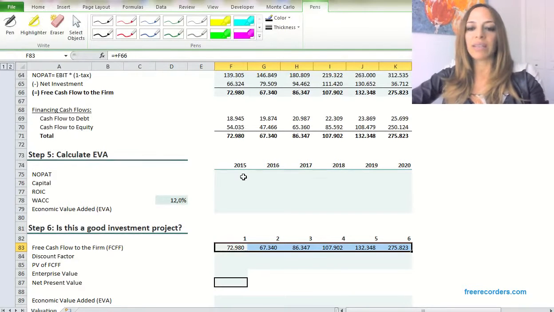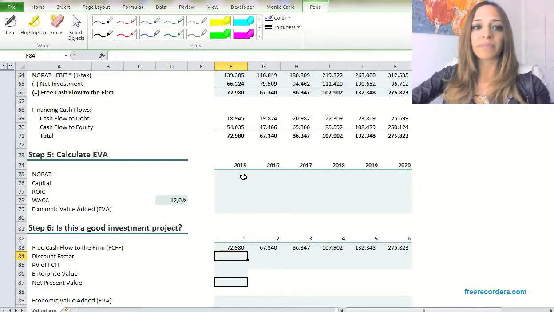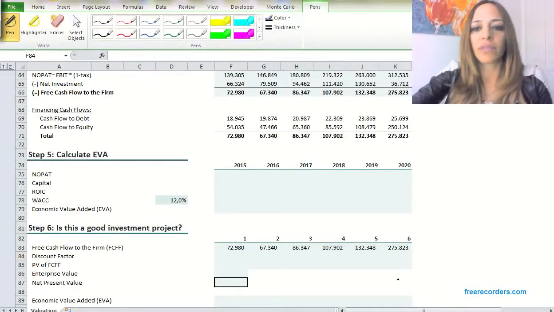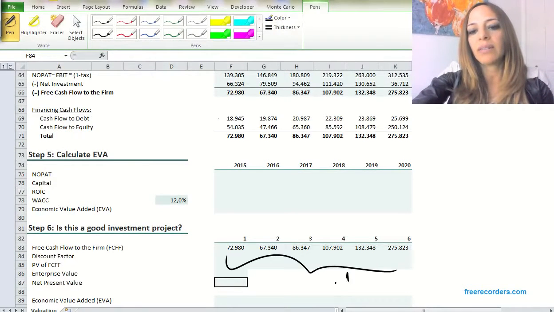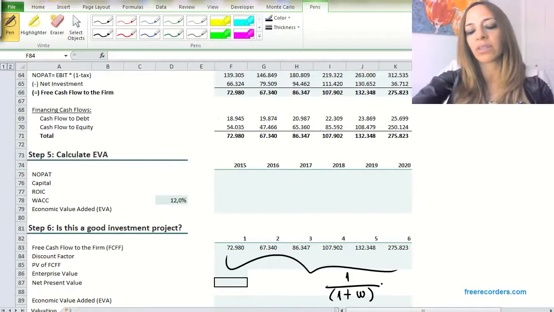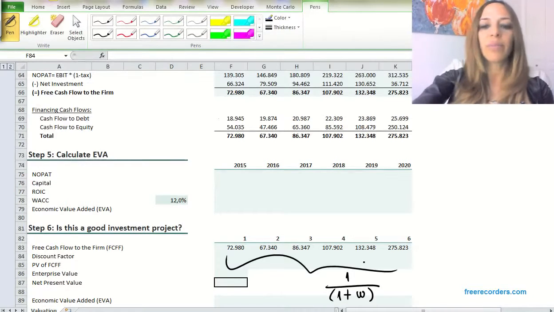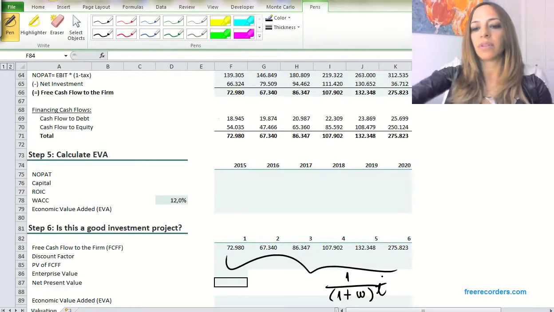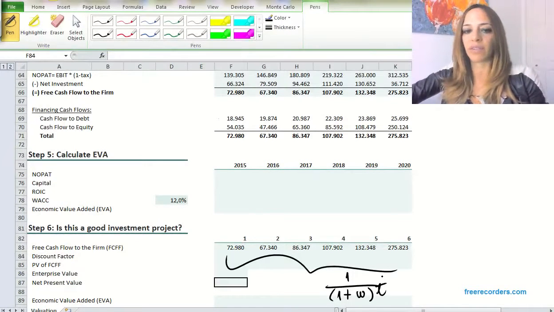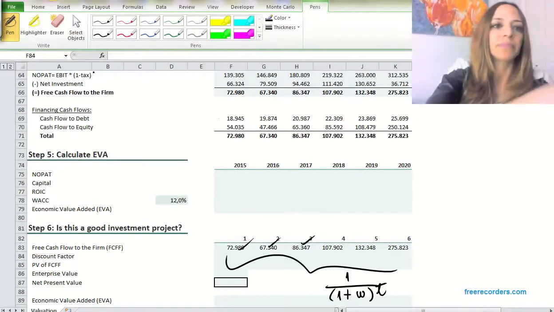And now we need a discount factor. The discount factor for the first 5 years will be 1 divided by 1 plus the weighted average cost of capital to the power of the respective year. For example, 1, 2, 3.